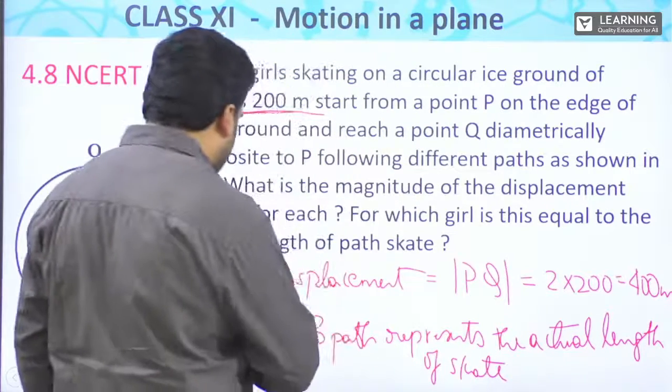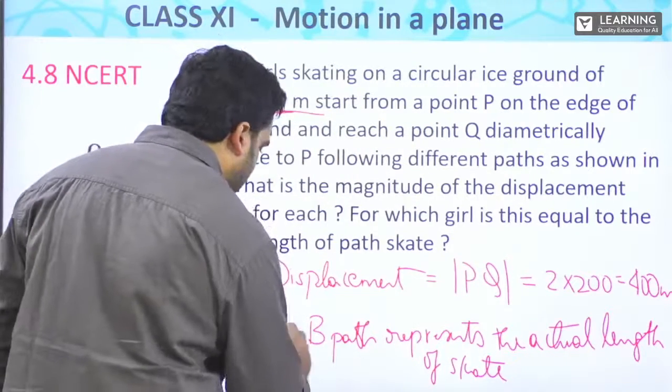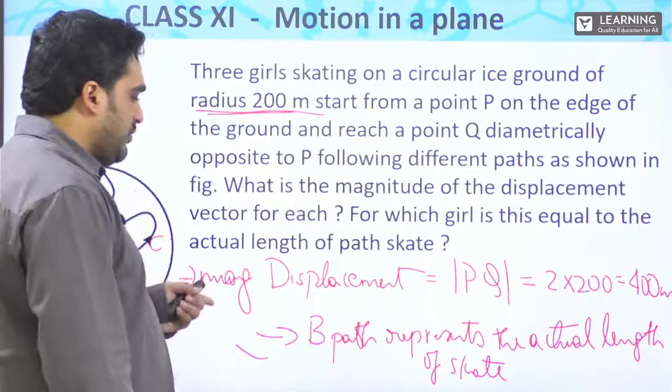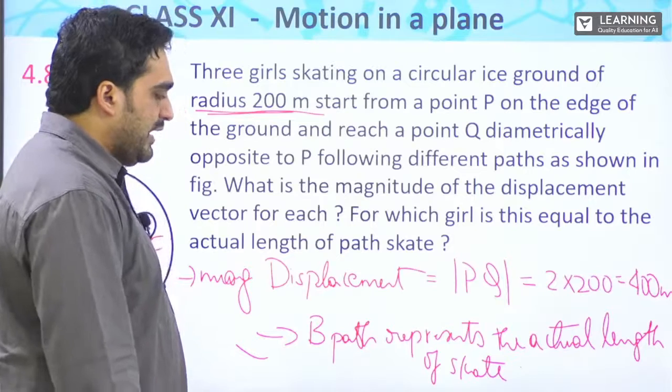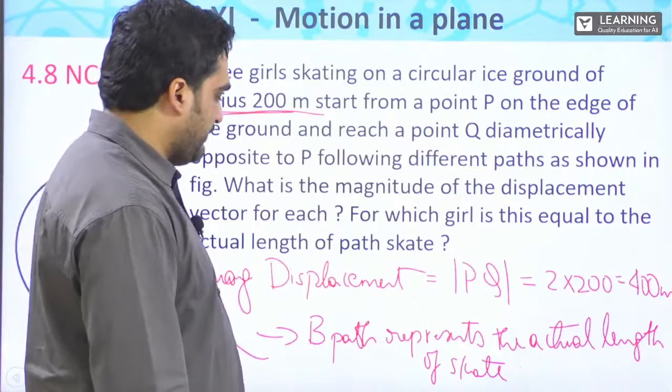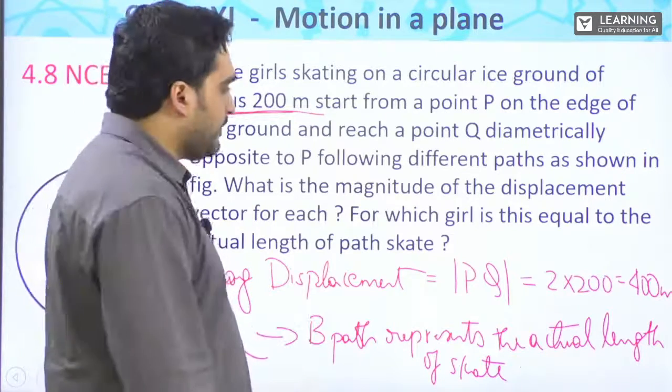So in this way, we have answered both the questions. One is the magnitude of displacement, the other is the actual path length, which is B.